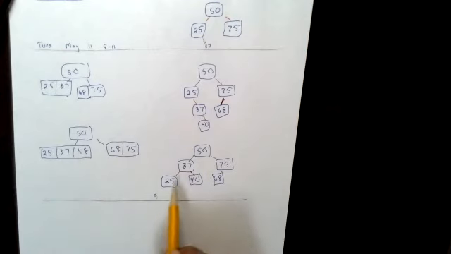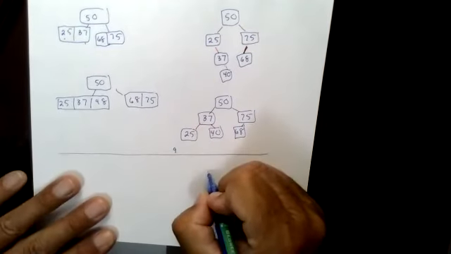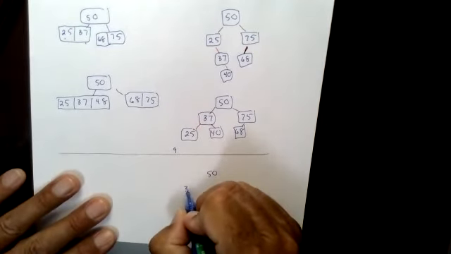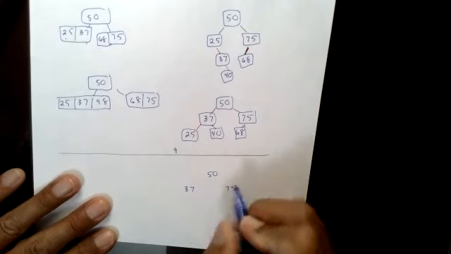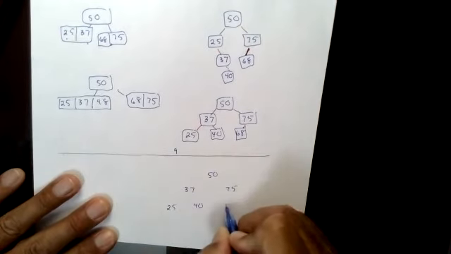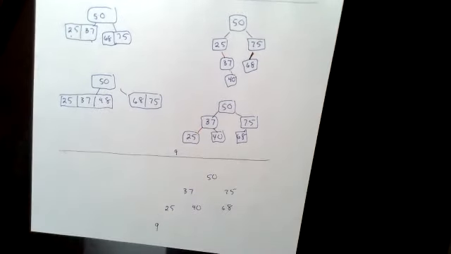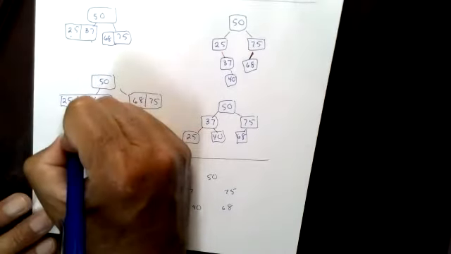So maybe when I add the 9, I do have 2 lefts, but I also have the right. So now it needs to blow up. So let's see, my next graph is going to be 50, 37, 75, 25, 40, 68. Over here's a 9. What happens when I added a 9 here?